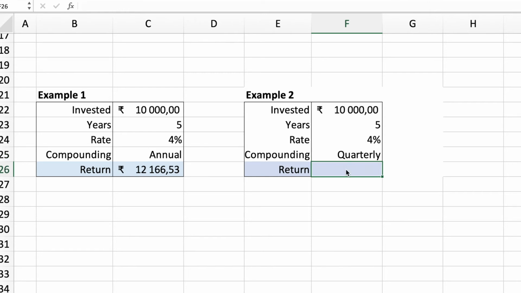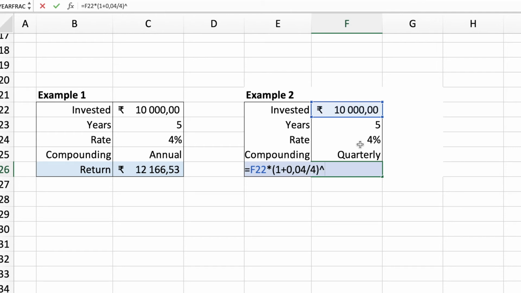So let's write the formula as we did before. Principal amount multiplied by open bracket 1 plus rate, again 0.04, divided by, here it will be 4 because there are 4 quarters in a year.